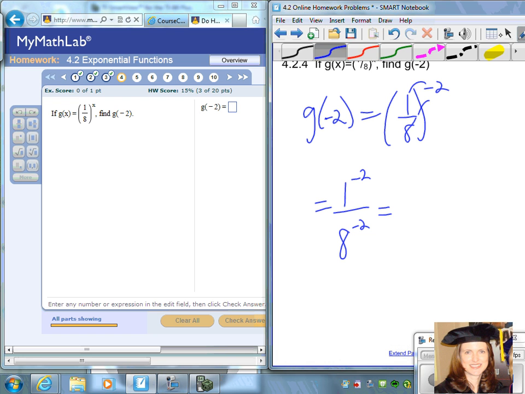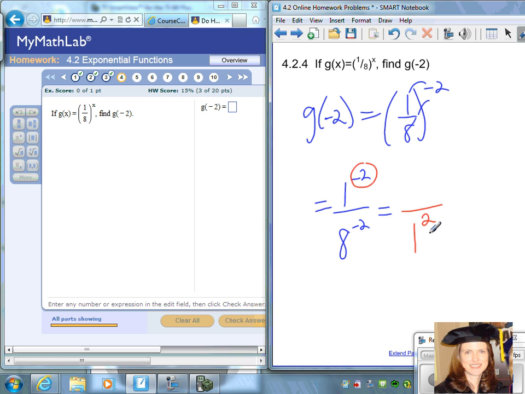Anytime you have a negative exponent, you can make it positive by rearranging the terms. 1 to the negative 2 has a negative exponent. We bring that to the denominator, becomes 1 to the positive 2 power. This 8 to the negative 2 power is going to move to the numerator to become a positive exponent. And 8 squared is 64, and 1 squared is 1. So we get 64 for our answer.